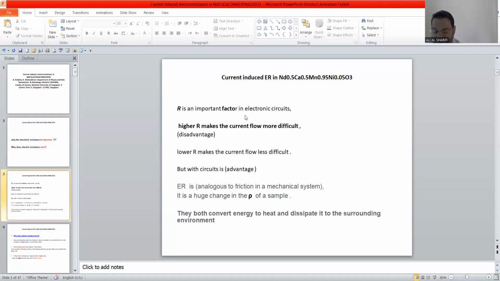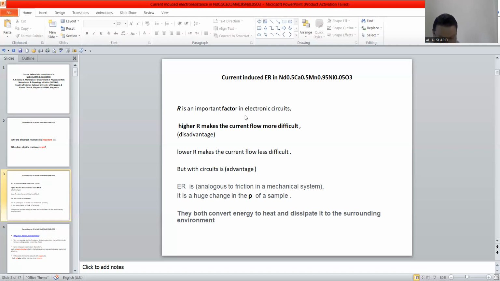Our loss will be like that. We will lose current, and this current will convert to heating.